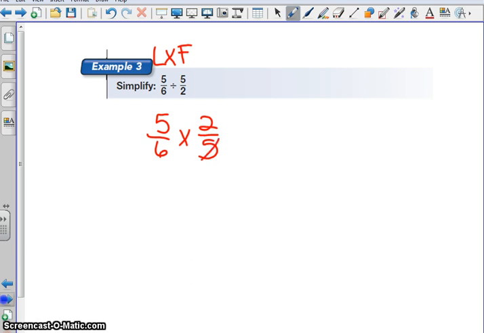We have 5 and 5. We can take a 5 out of both, which equals 1. 2 and 6, we can take a 2 out of each one. 2 out of 2 is 1. 2 out of 6 is 3. 1 times 1 is 1. 3 times 1 is 3. Let's call this the short way.